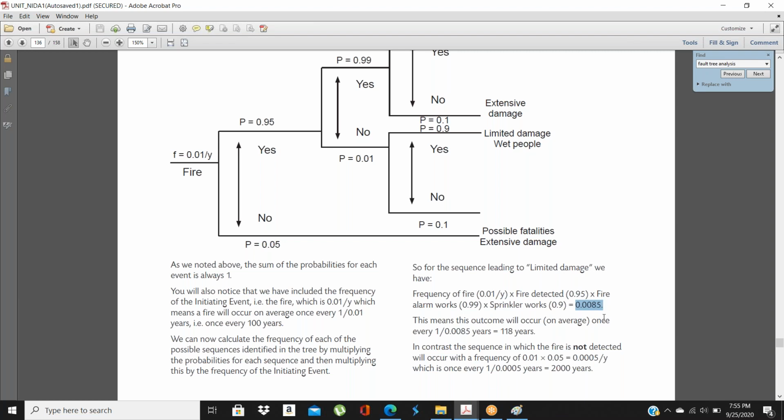Now we need to convert this to years. This much damage is occurring per year, but now we convert it into how many years until this damage will occur. Since it's per year, we need to invert it, so year goes downside. This is simple mathematics. It will give you 118 years.